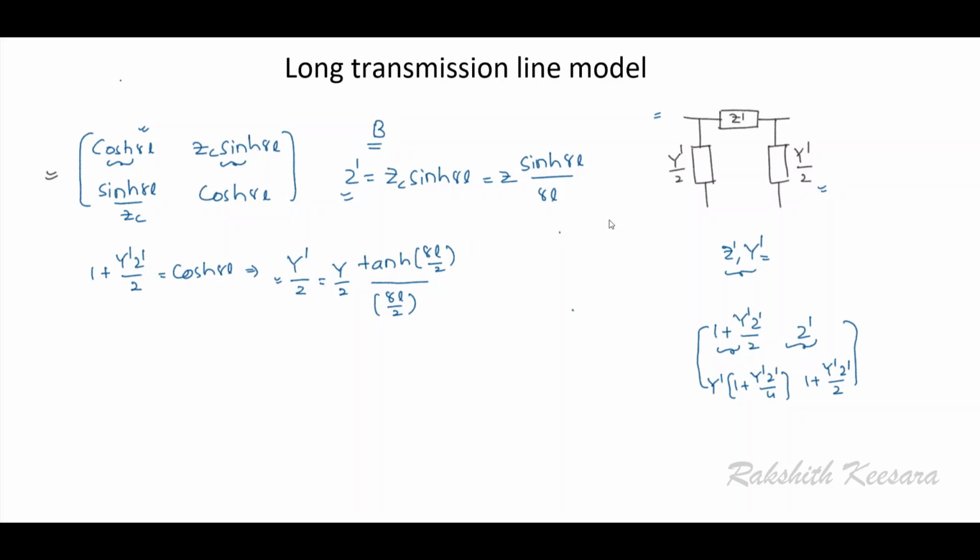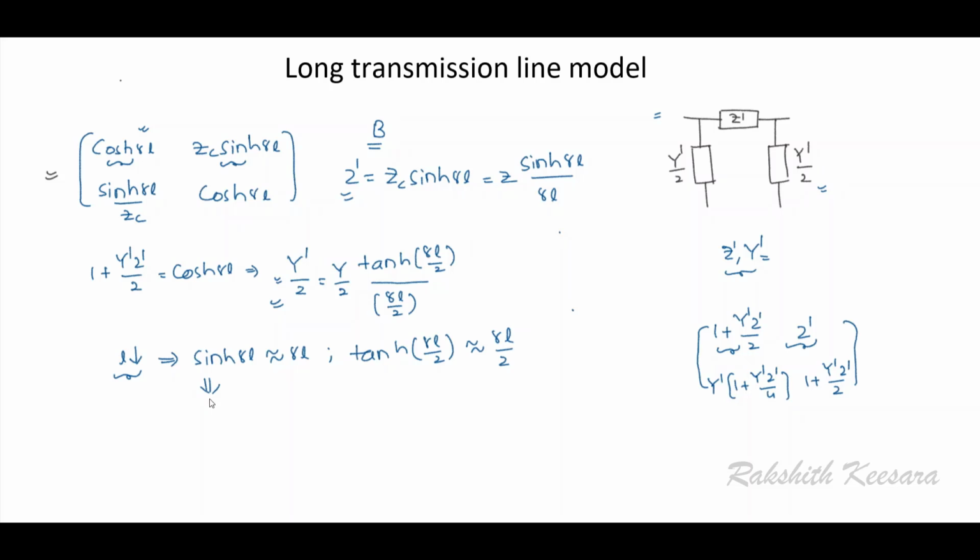Now let us see what will happen if we analyze the same thing for medium and short transmission line. That is, if we decrease our length, whether this analysis is valid or not. So if we decrease our length, sinh γL will become γL and tanh γL by 2 will become γL by 2, right?